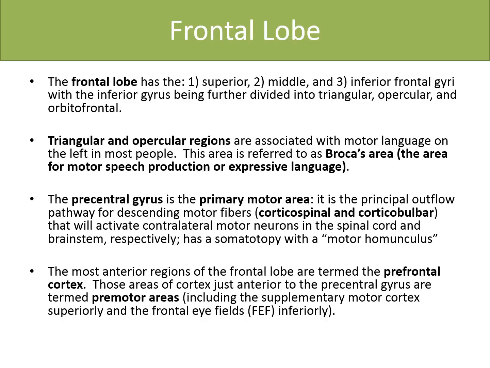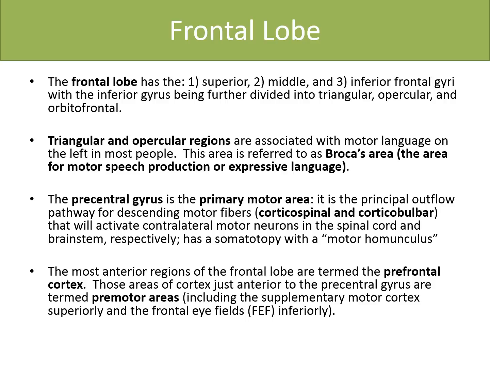Next is the precentral gyrus in the primary motor area. It is the principal outflow for the major corticospinal and corticobulbar pathways, and they're involved in the control of contralateral motor neurons in the spinal cord and in the brainstem. The precentral gyrus has a very strict somatotopy, with a motor homunculus that we'll look at in a moment.